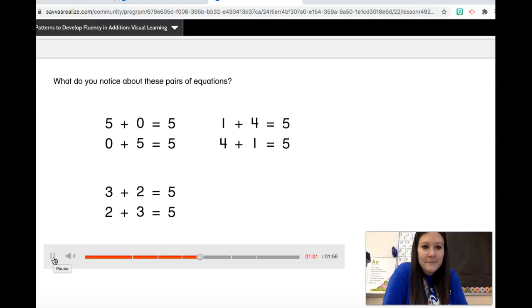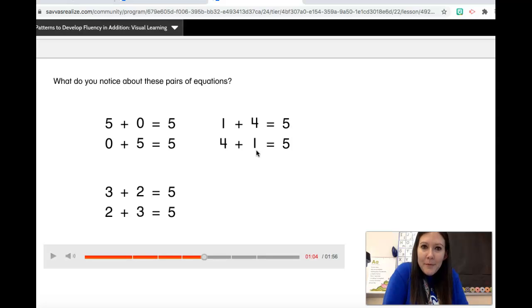What do you notice about these pairs of equations? Let's look closely. 1 plus 4 equals 5. 4 plus 1 equals 5. They both equal 5. They did the turnaround.